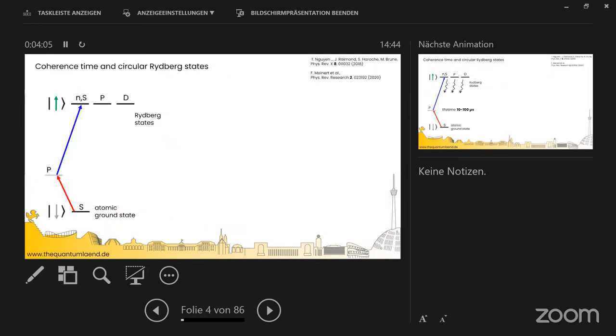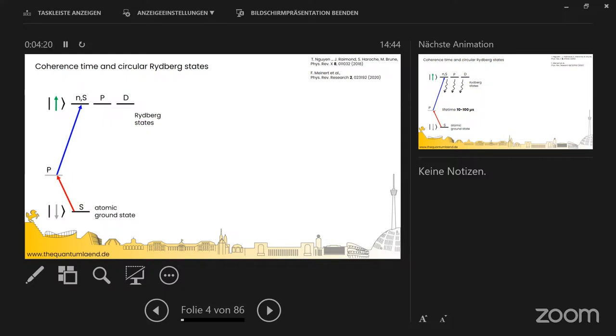So for those of you who are not so familiar with Rydberg physics, I have to introduce a little bit what a circular Rydberg state actually is and why this helps to push the lifetime of this platform.